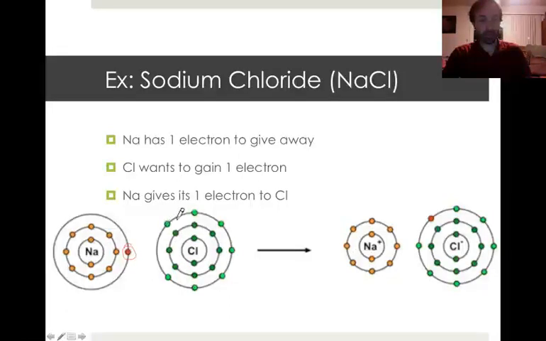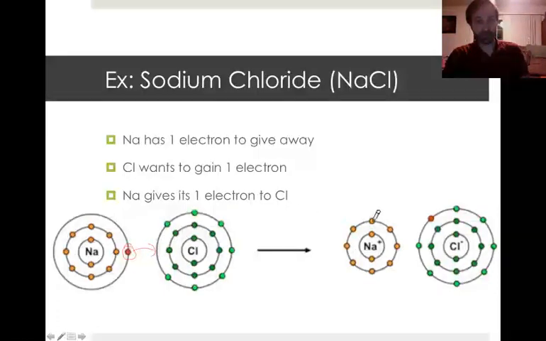Chlorine, on the other hand, has its valence electrons in the third energy level as well, but it has 7 valence electrons, right? 1, 2, 3, 4, 5, 6, 7. So if it can just gain one more electron, it will have 8 electrons in its third energy level, again reaching an octet, becoming more stable. So this electron is going to be given away by sodium, and it's going to be picked up by chlorine.